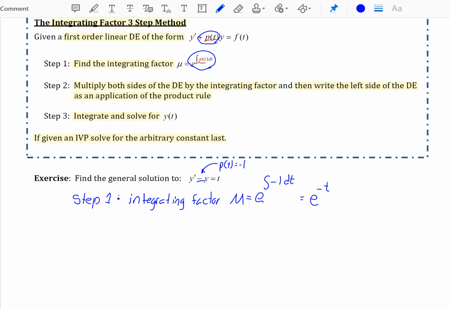Okay, step 2. Let us now multiply both sides of the DE by our integrating factor. So I have y prime minus y on the left times our integrating factor, e to the -t. On the right-hand side, we have t times our integrating factor, e to the -t.